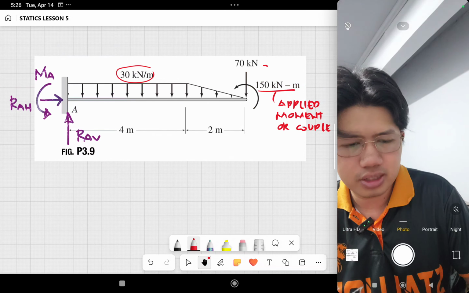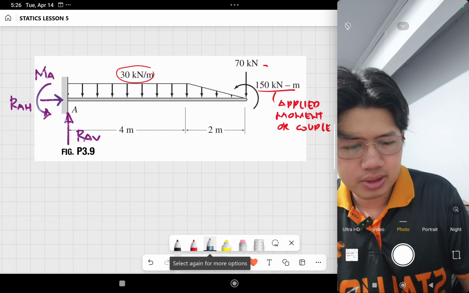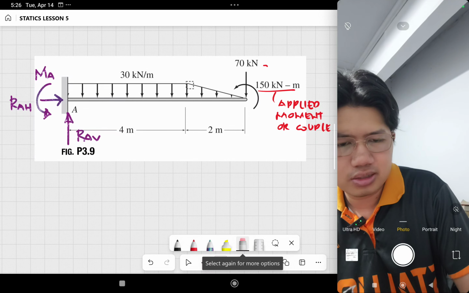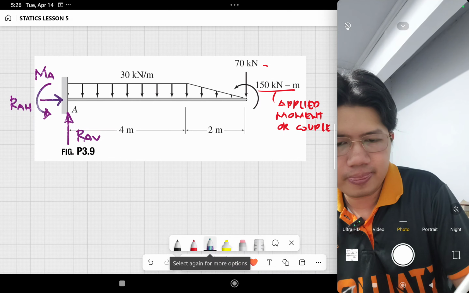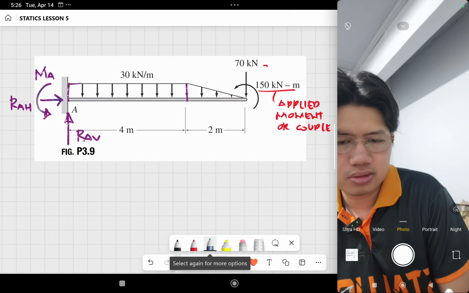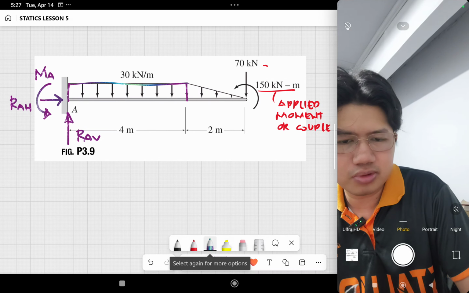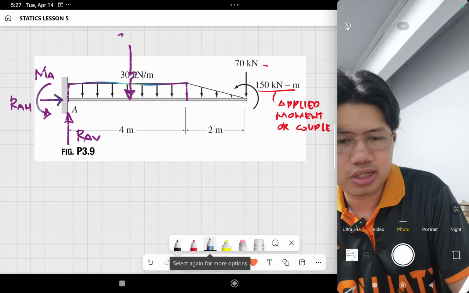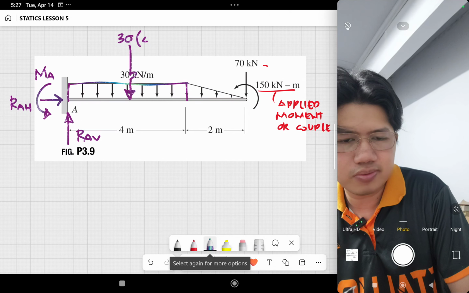Okay, so let's determine muna again yung ating mga distributed forces from this point hanggang dito, uniformly distributed. So kunin natin yung equivalent concentrated force, so that is 30 kN per meter times 4.